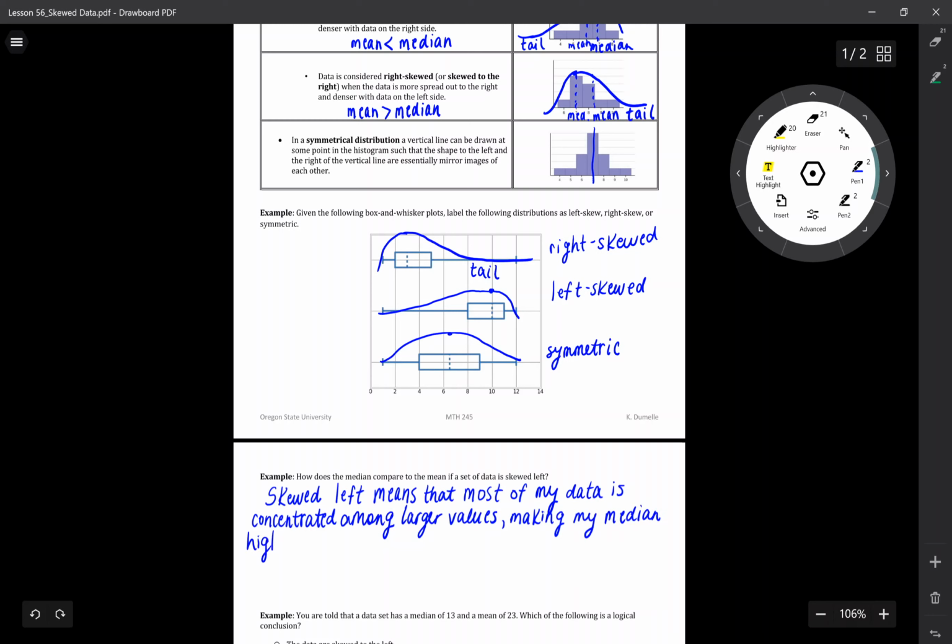However, if I were to find the mean, I do have values that are much smaller. So those smaller values would bring the mean down. So here the median is much greater than the mean.